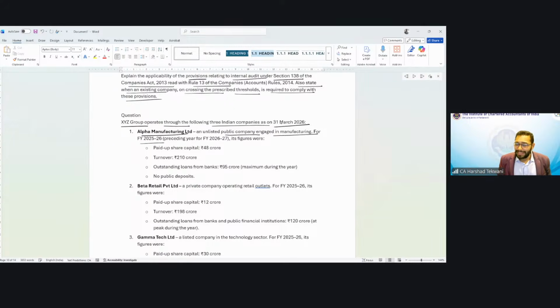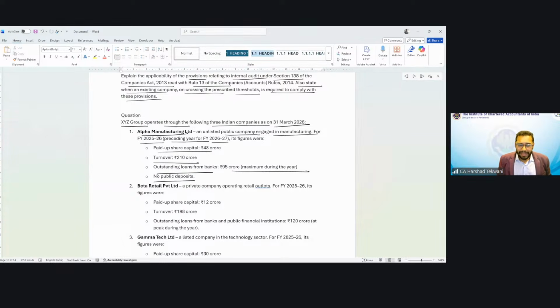For FY 25-26, the preceding financial year to 26-27, its figures were paid up share capital, turnover, outstanding loans, and no public deposits.